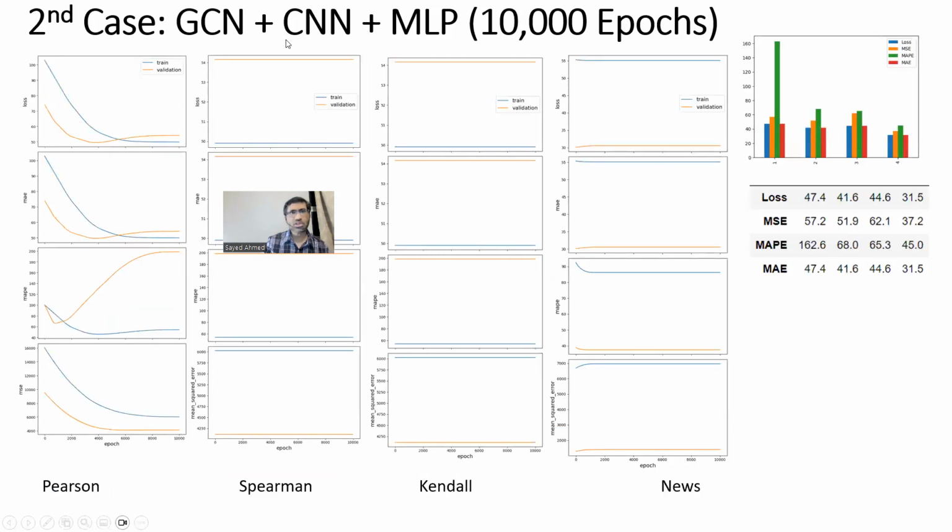Okay, this is the same second KGCNC in MLP, but with 10,000 epochs. You can see the readings are usually significantly lower, and it probably matches the paper as well. News, and then it looks like Spearman, but I believe it's very close to Kendall. We can say that the result from the paper reflects this, or there probably is a reason.